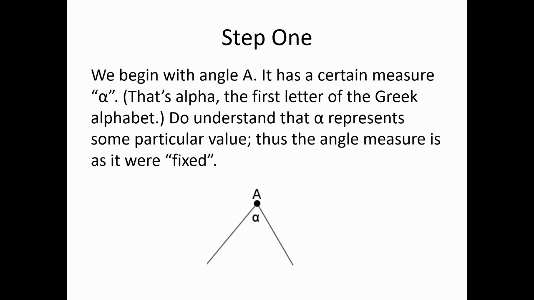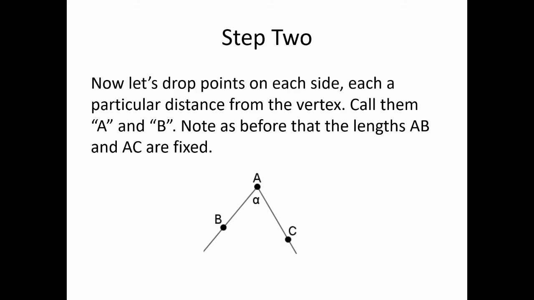Okay, now step 2. Here's what we do next. We leave the angle measure alone, and what we do is we go out a certain distance on each side of the angle and drop in a pair of points. And we will call them, oops, I didn't get this quite right. We will call them B and C. Sorry about that. This is what happens when you edit, but forget to go back and make all the necessary changes.